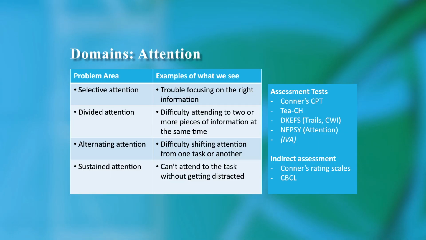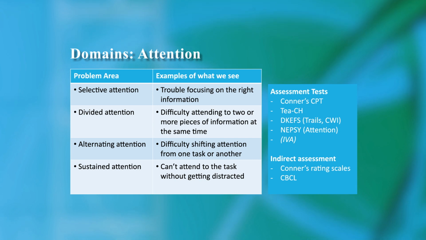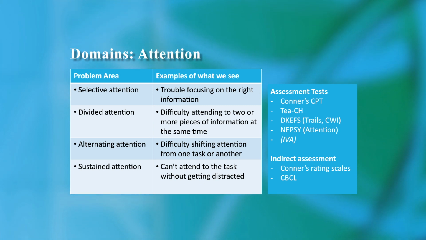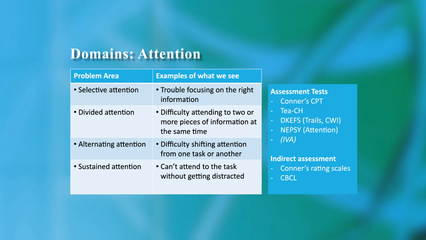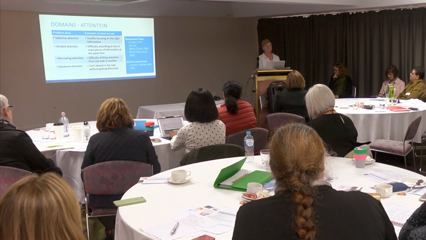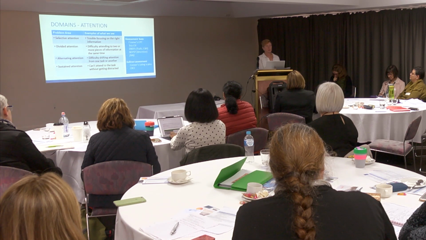When we move into divided attention and alternating attention, you can see it really steps up in terms of the demands. We're really looking at whether they have the capacity to attend to two or more pieces of information at the same time. Practically, how do we see that? Teachers would describe it in the classroom, because even though the demands put on children may feel like a very specific task, we're actually requiring kids to do numerous things at the same time. We're asking them to sit at a table.